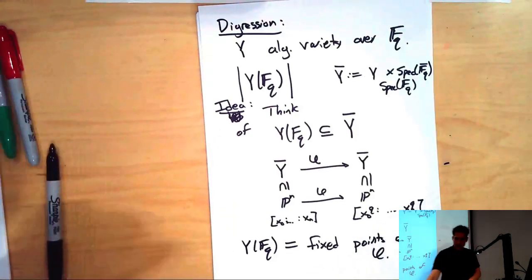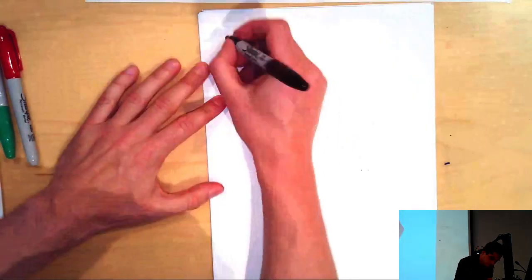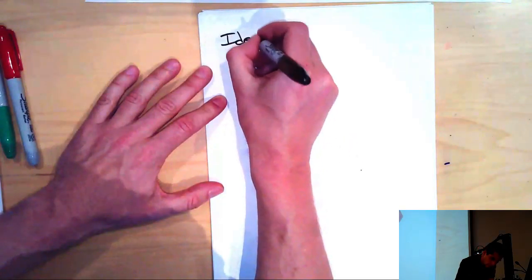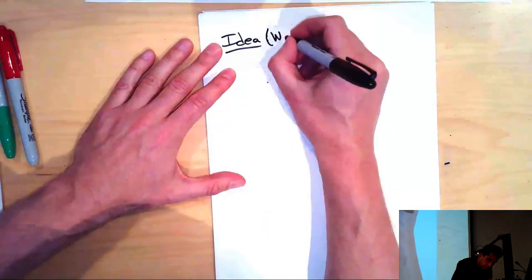And so Weil's idea is that if you're trying to count the number of fixed points of this map, then you ought to be able to do this by some version of the Lefschetz fixed point formula.